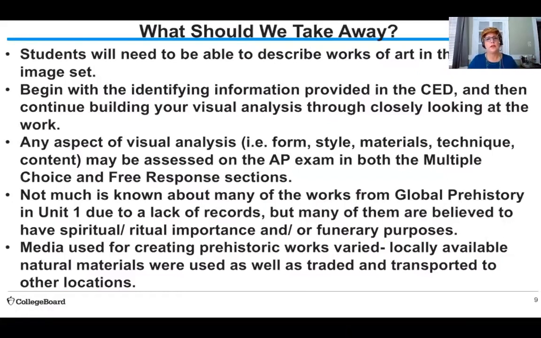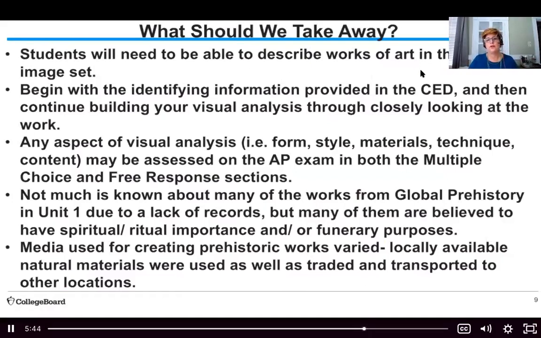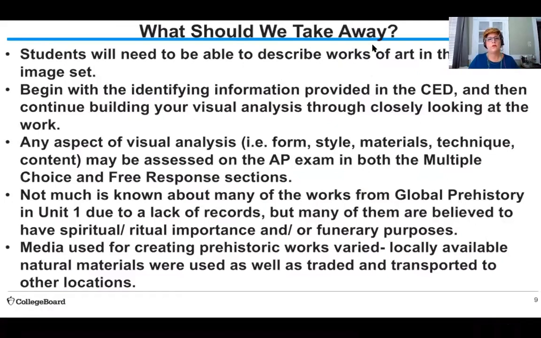Looking really closely at the image itself will be what you need to do this descriptive task. Any aspect of the visual analysis, or this description, so the form, the style, the materials, techniques, the content, any of those are fodder for the AP exam. They could come at you in a multiple choice question, or it could be part of a free response question that you need to develop further.